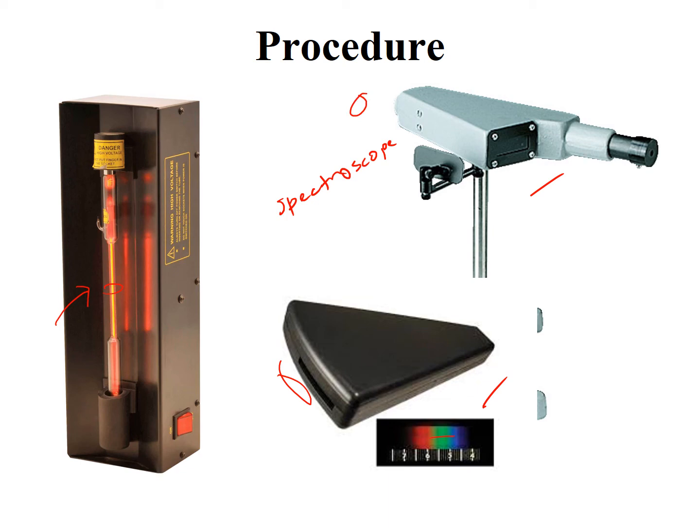While this is on, it is a high voltage source, so you're not going to touch it as much as possible. All you need to do is focus the device on the light source, and you will see the line spectra of a given element.